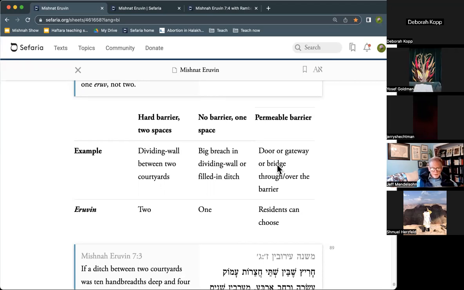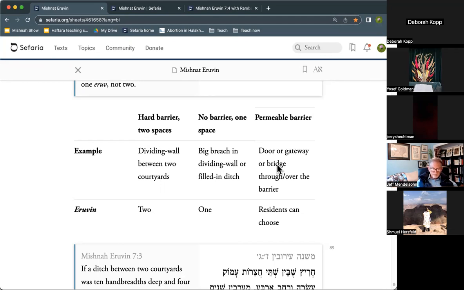The third example is the middle example, where there is a barrier, but it's permeable. Maybe there's a door in the wall, or a gateway, or maybe there's a bridge over the ditch or under the ditch. Maybe there is a barrier, but we can somehow get over it. In the third situation, the residents can choose whether they want to make 1 or 2 Eruvin.